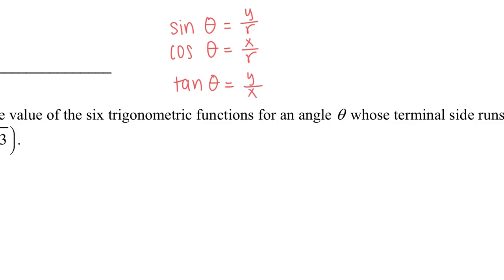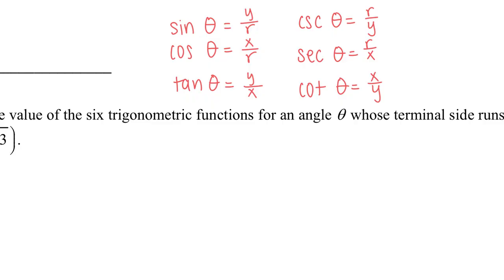Okay, the inverse, I'm going to have cosecant theta, which is r over y. I'm going to have secant theta, which is r over x, and cotan theta, which is x over y. So this is what I'm using to help me find these.